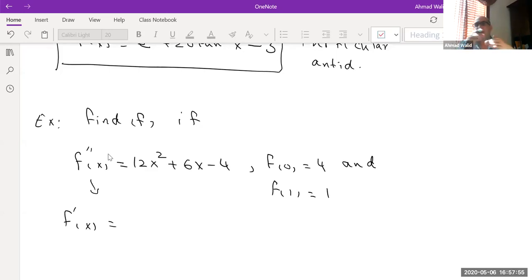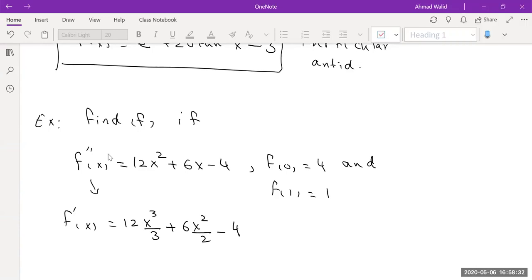How you are going? From f double prime, I cannot jump to f. First, I have to go from f double prime to f prime and from f prime to f, correct? Take the antiderivative of this function. I will not write the steps anymore. Look, I go this way: 12x to the power of 3 over 3 plus 6x squared over 2 minus 4x, and what else?